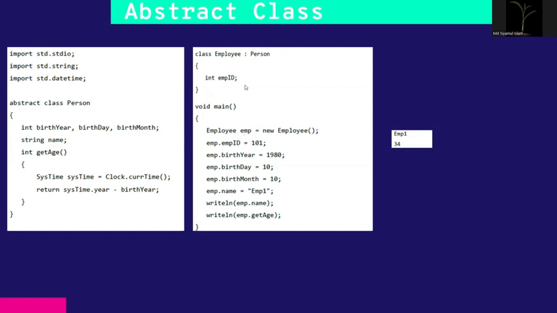As EMP is inheriting the person class, we can access the contents, that means the variables and the functions, from the main function. So we cannot directly use person, but we can use person through a derived class. This is a similar concept in C++.